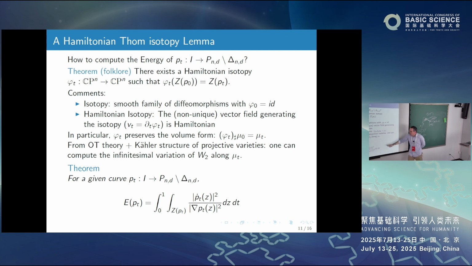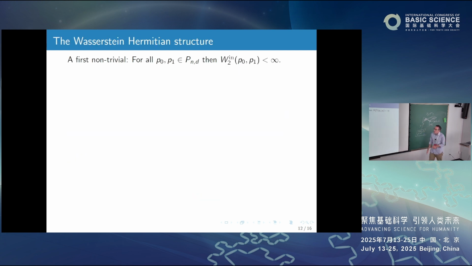So you have to be careful in proving that if you give me two polynomials, I'm able to find a curve with finite energy. This took us a certain amount of time because once you define a curve on the space of polynomials just in terms of the coefficients, you have no control over staying away from the discriminant. So you have to devise a way in which you maybe eventually touch the discriminant but still remain with finite energy.